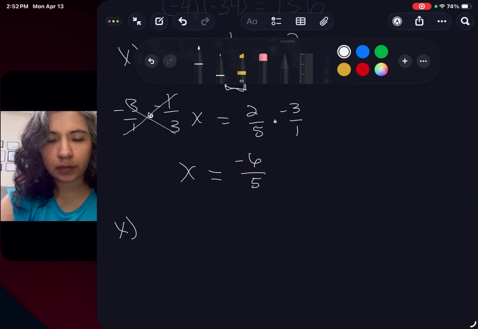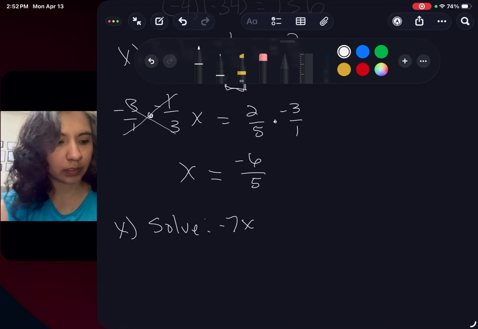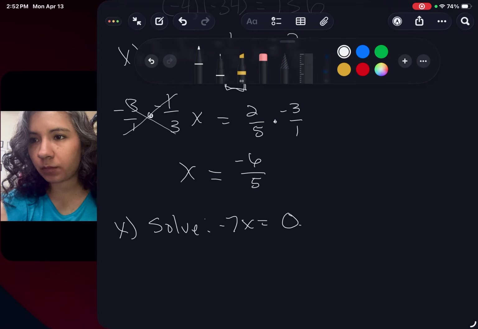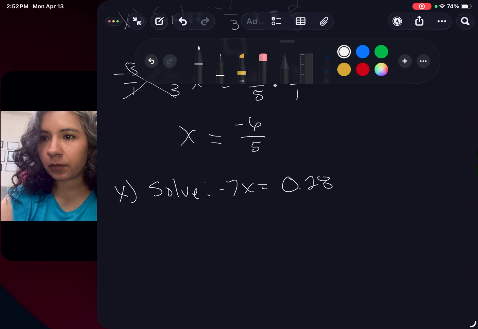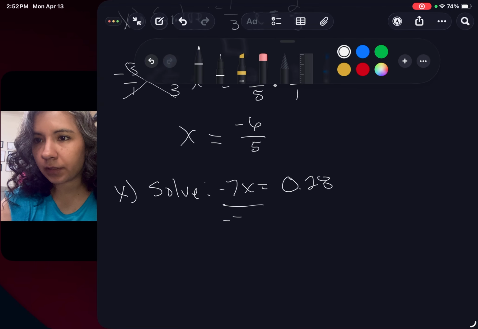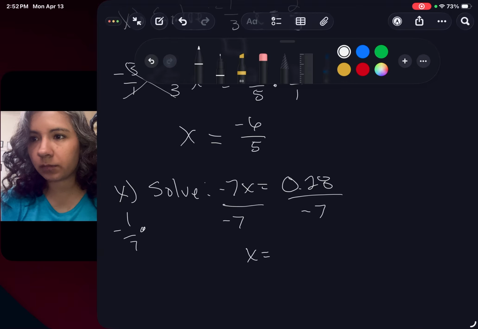So let's do another example. Solve negative 7x equals 0.28. On this one, go ahead and divide by the negative 7 or multiply by negative 1 over 7 on both sides. But we will leave this in decimal form.